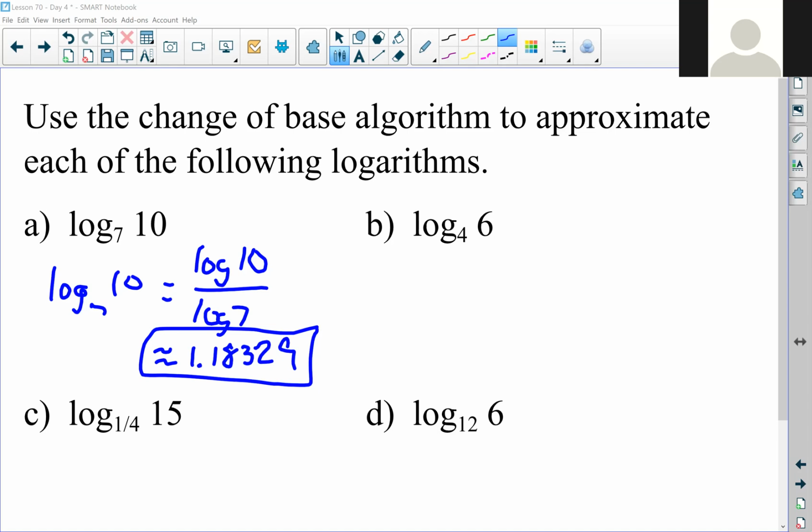You get the same approximated answer. The thing you can't do is do log for the numerator and ln for the denominator. So you just have to be consistent with whichever function you're going to use.